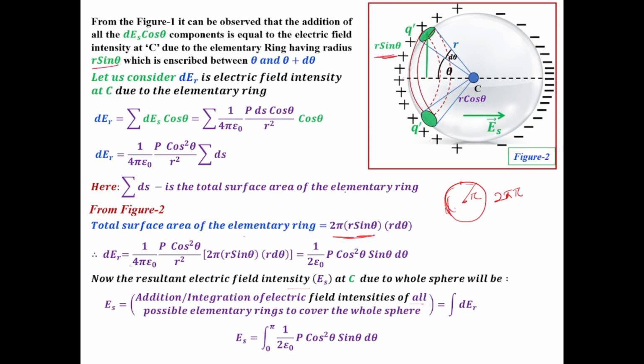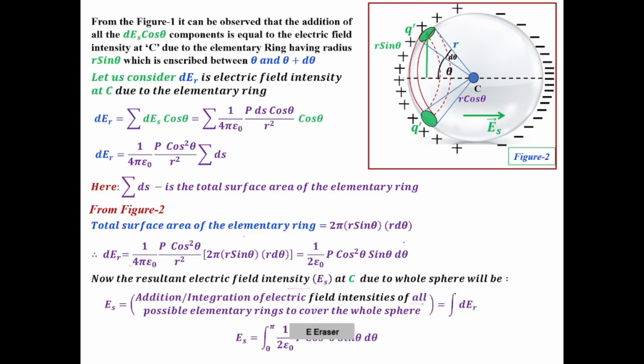So 2 pi r sin theta is the total circumference of this elementary ring, and this into the thickness will give us the total surface area of this elementary ring.